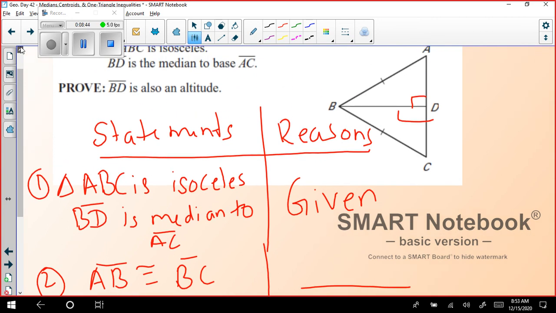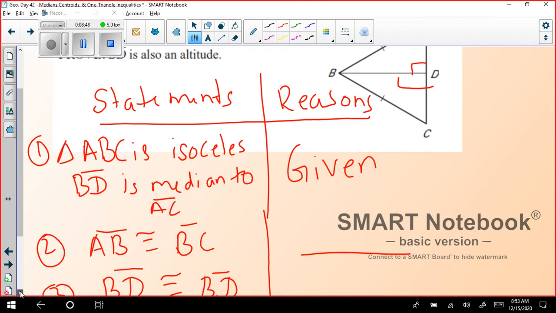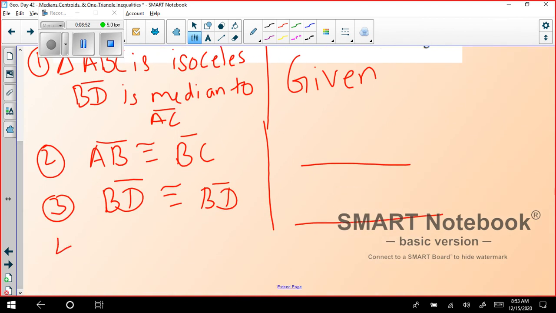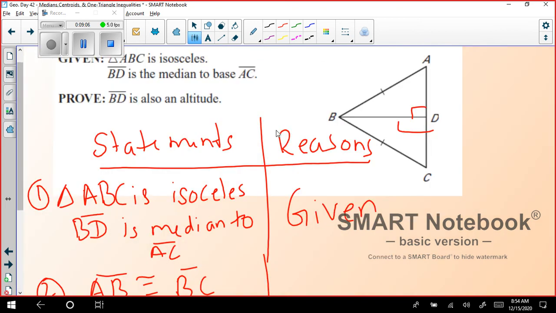And I can also write AD equals DC. Okay. I can write AD is congruent to DC. Which means I can say that those two triangles are congruent by one of the congruence postulates. I want you to give that reason.